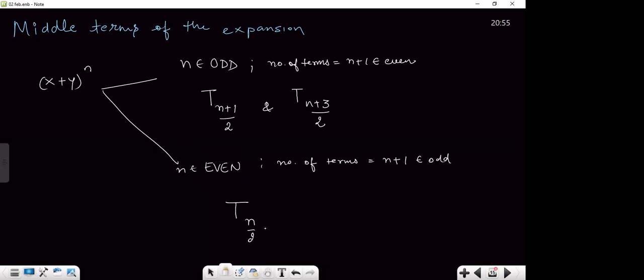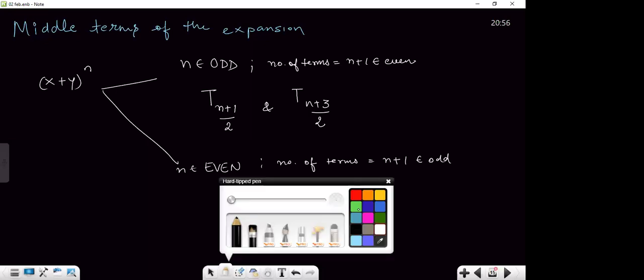That will be the (n by 2 plus 1)th term. This will be the only middle term. It's important. Now there is one thing to note here. This is really important.